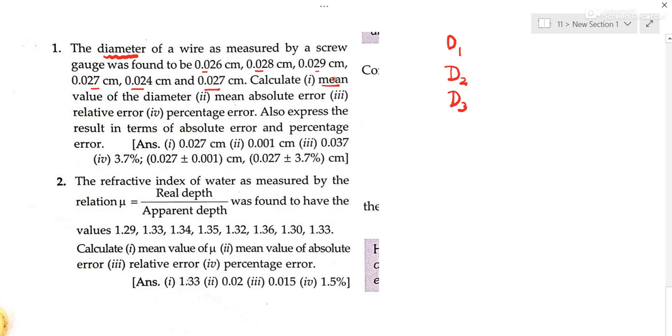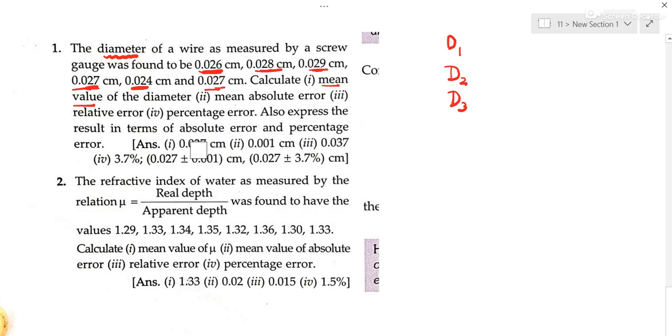Mean value, you know how to find the mean. Add these and divide by 6. There are 6 readings, 1, 2, 3, 4, 5 and 6. So divide by 6. Then match up with this. So that's how your addition and division would be checked.